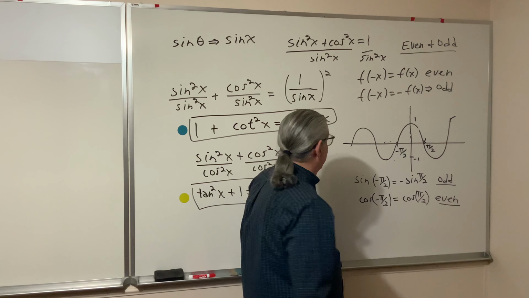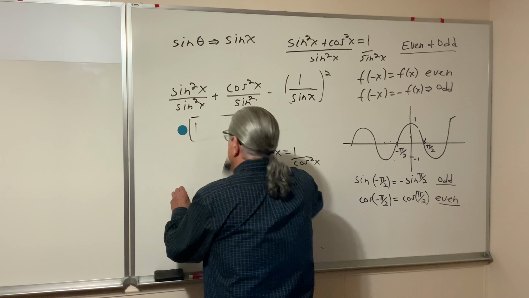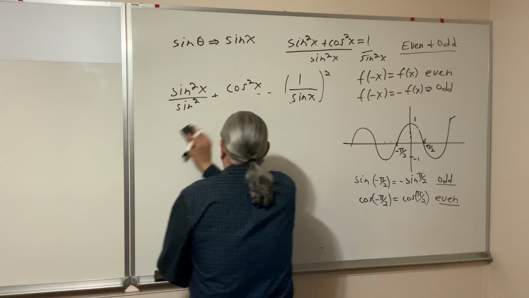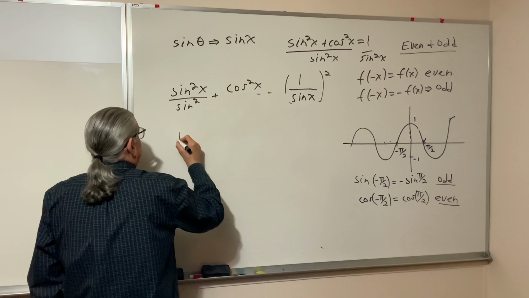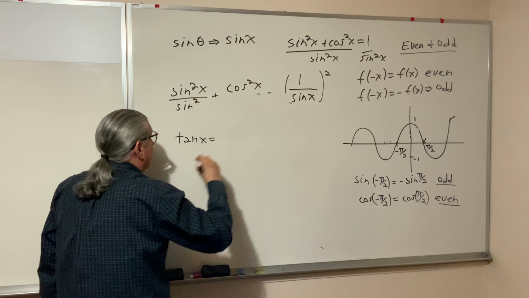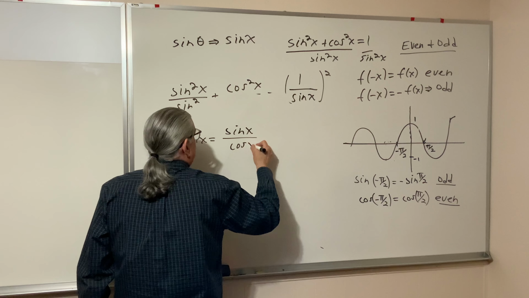All right. So we have one thing left. We have the tangent. And what's nice is I don't have to graph the tangent because I already have the sine and cosine. The tangent of x equals the sine x over the cosine of x.